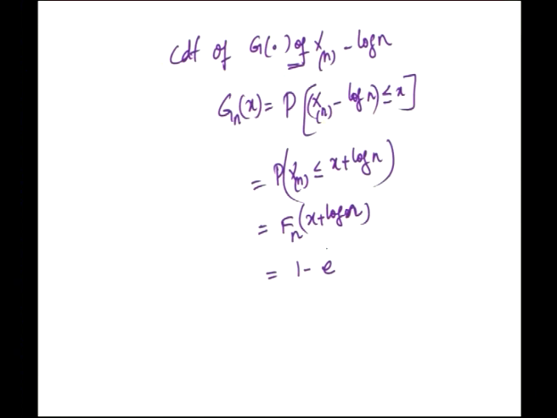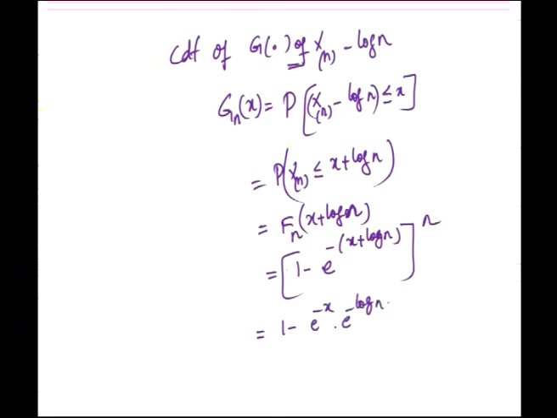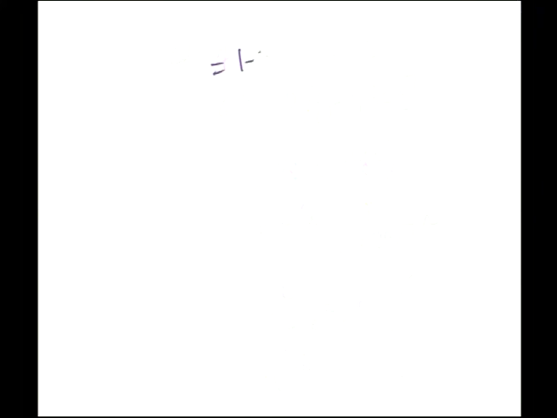Therefore, 1 minus e^(-(x plus log n)) the whole power n, and this is written as (1 minus e^(-x) times e^(-log n)) whole power n. e^(-log n) is e^(log n to the power minus 1), and e^(log n to the power minus 1) is 1 by n. So it is written as (1 minus e^(-x) by n) the whole power n.